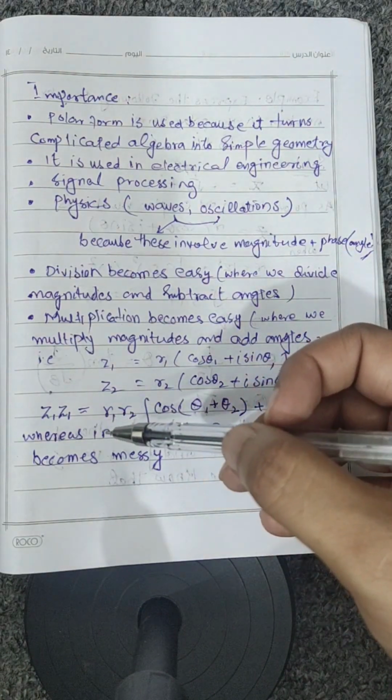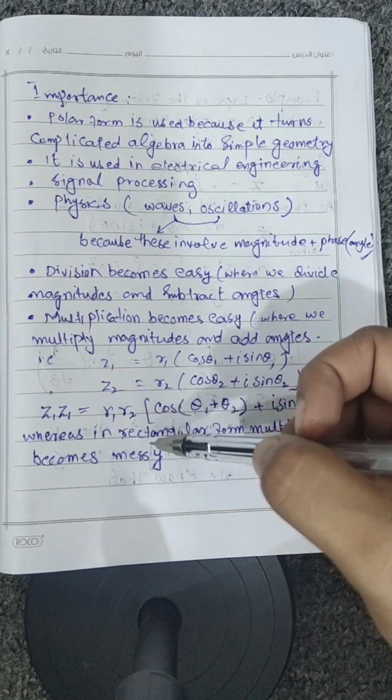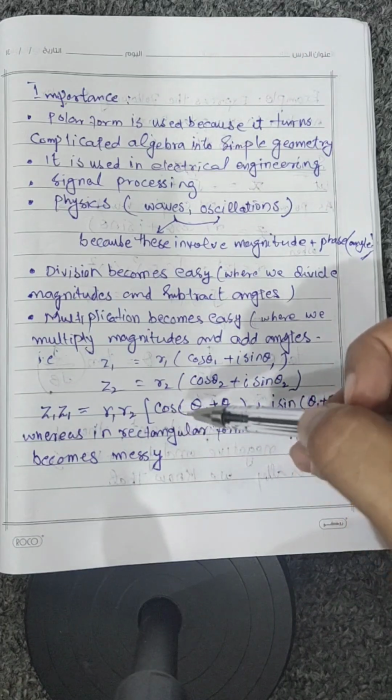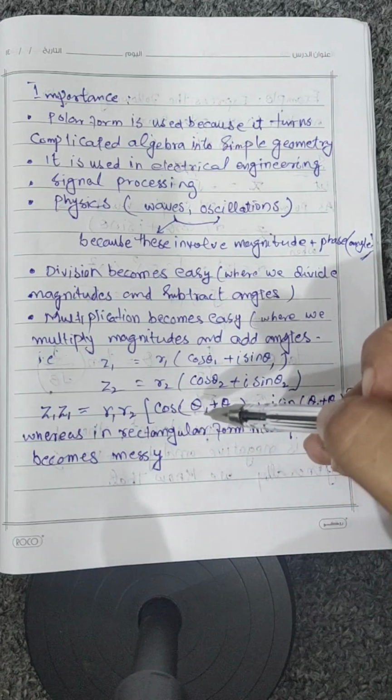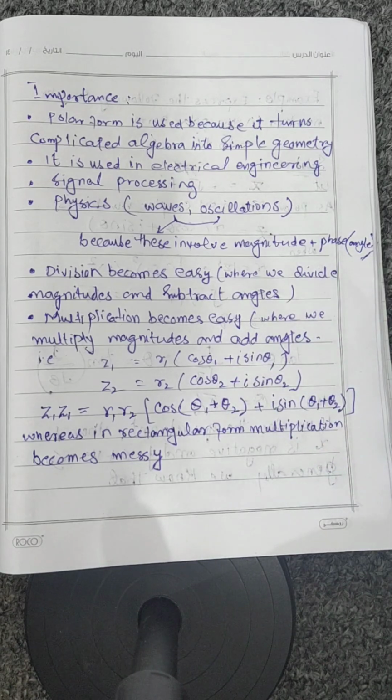If we multiply them, we get r1 r2 times (cos(θ1 + θ2) + i sin(θ1 + θ2)), whereas in rectangular form, multiplication becomes messy.